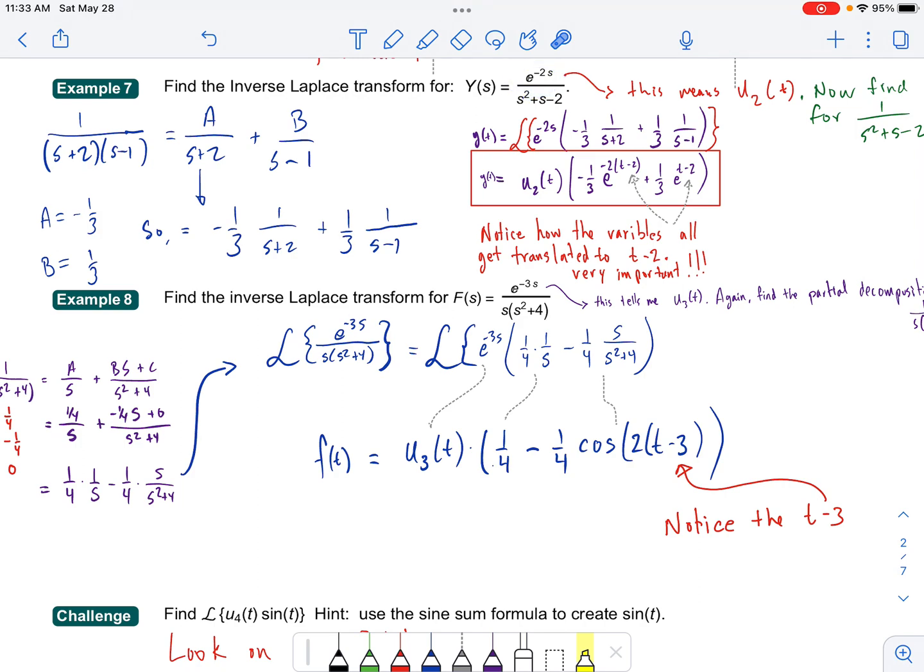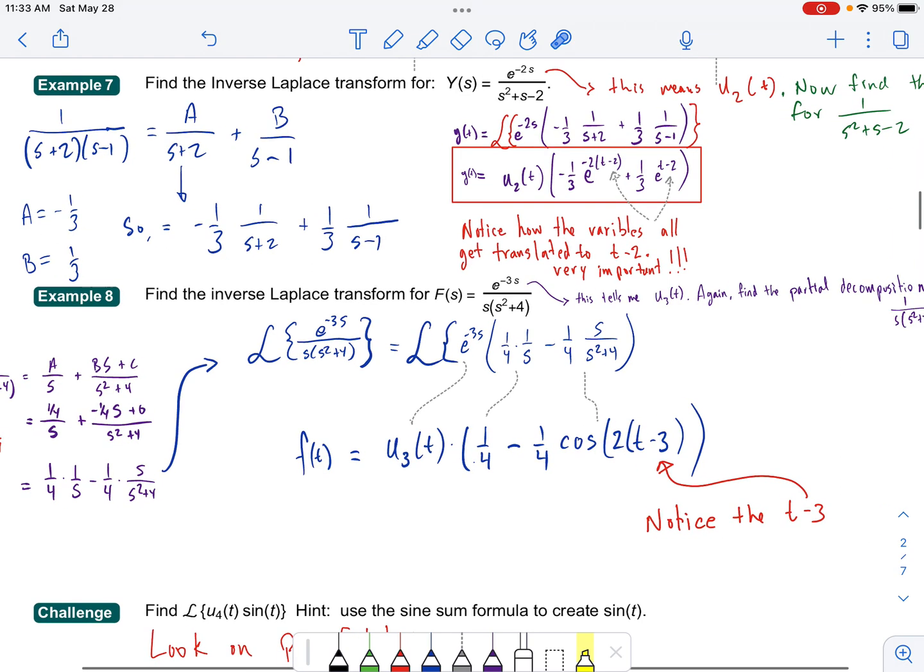So we'll have some kind of a u sub 2 of t for our unit step, which means what I really need to do is figure out simply what the 1 over s squared plus s minus 2 fraction is. So think of it as factoring out that e to the negative 2s, put it in front. We just need to figure out the partial fraction for the 1 over s squared plus s minus 2.